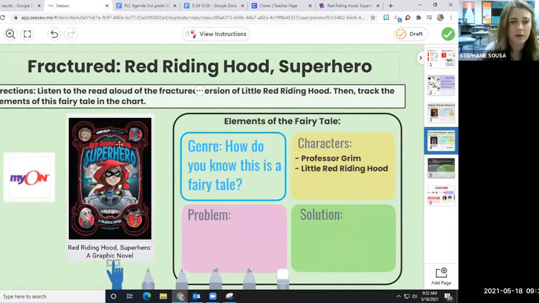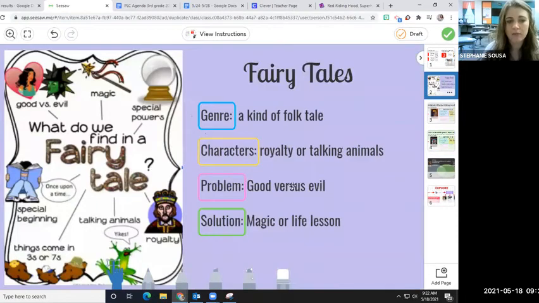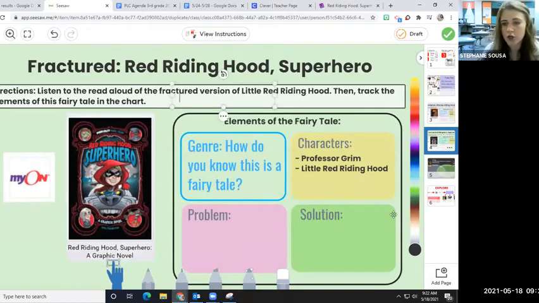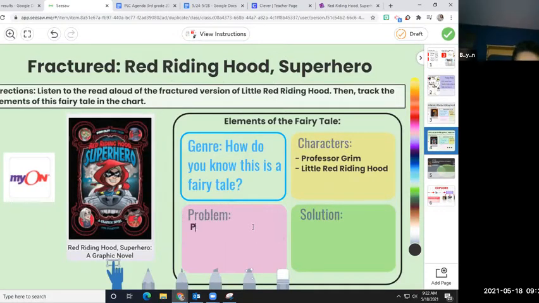All right, our problem. Remember, fairy tale problems are usually good versus evil. That remained the case here. What was our good versus evil inside of this fairy tale? Brayden, what was our good versus evil? Professor Grimm was trying to kidnap the president, which is Red Riding Hood's grandma.